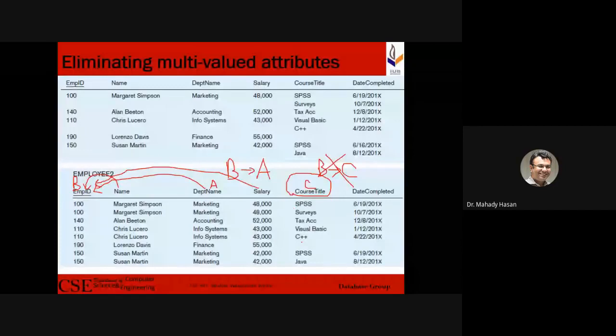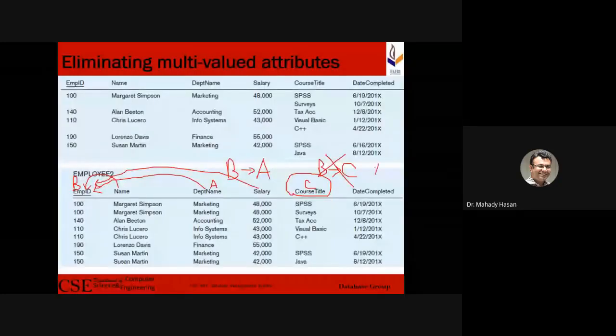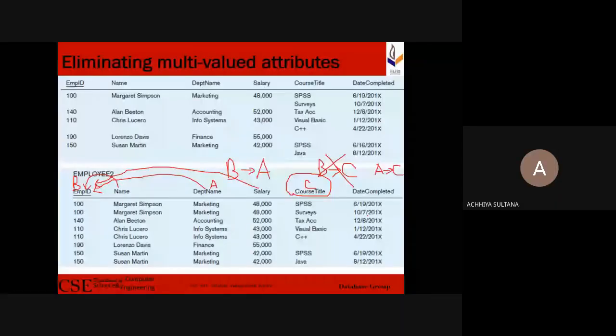Okay, so if employee ID cannot identify courses, just an argument, if B cannot identify C, can A identify C? No, sir. Why not? Because, sir, A তো dependent I think ছিল B এর উপর.